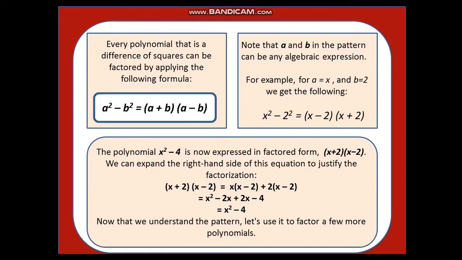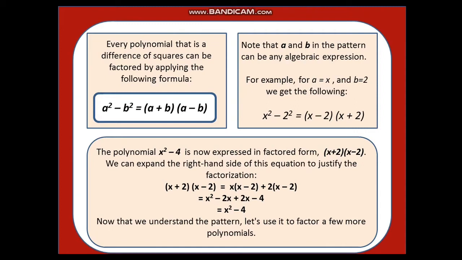We can expand the right-hand side of this equation to justify the factorization. What I'm going to show you now is that I'm going to multiply these two factors so that it will return to its original expression, which is x squared minus 4, because as I said a while ago, factoring and multiplication are reverse of each other.